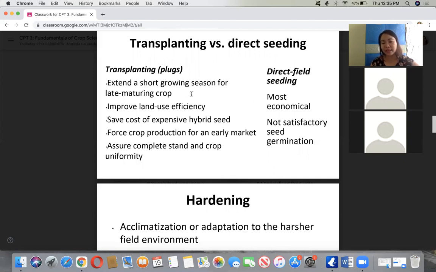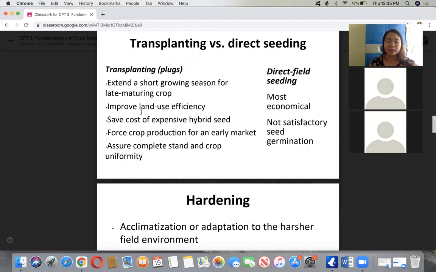That means, of course, if your schedule is to plant in April, then before April you will transplant. So that's why it will extend the growing season.